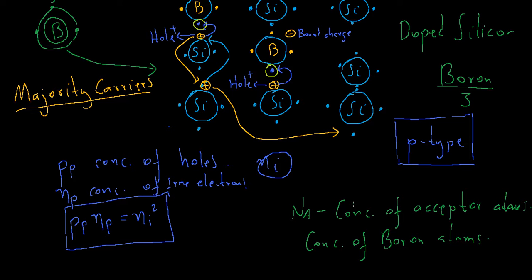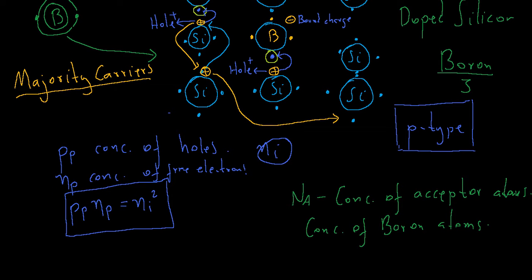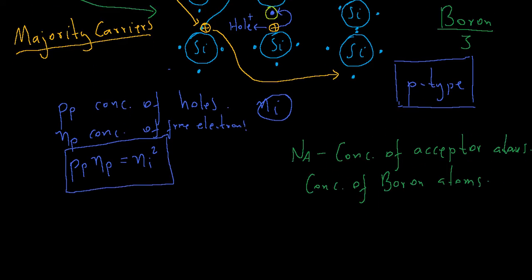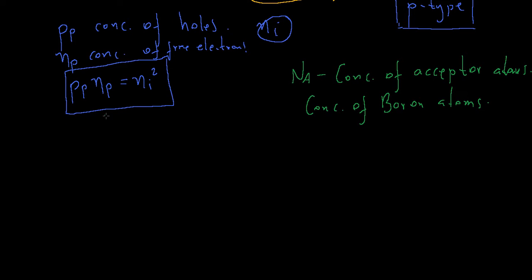And why is it called the concentration of acceptor atoms? This is because once you put a boron atom here, this vacancy is going to accept an electron from the silicon atom. So it's going to take one electron from the lattice, and so it's an acceptor. It accepts an electron. Okay, so we have Na, which is the concentration of acceptor atoms.